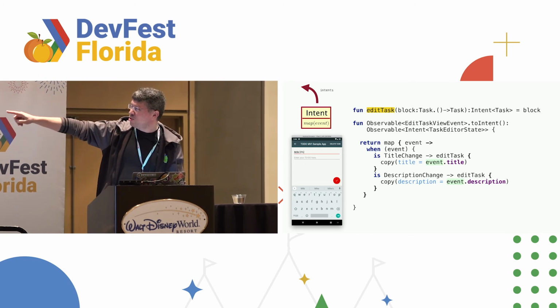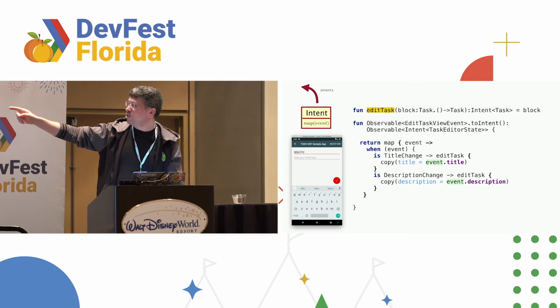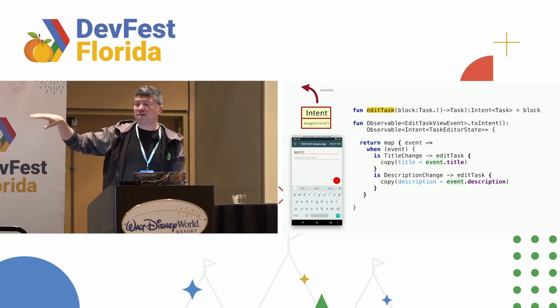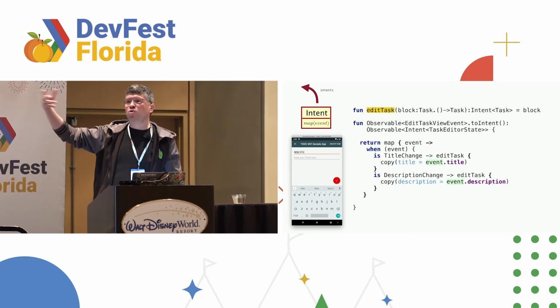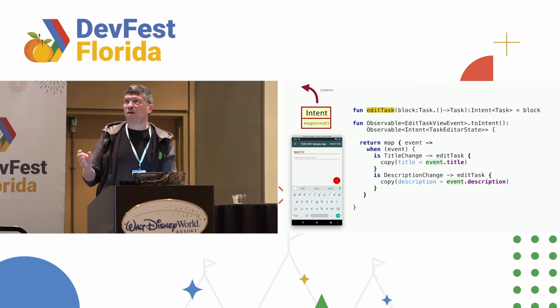What this little piece of DSL gives you is a really nice way to define a new task reducer, intent, sorry. So we can then map our title change to an edit task, and all we need to say is, okay, edit task, that intent only really copies, modifies the title, creates a new copy of our state, modifying the title, and that's it. Or changing the title is what I should be saying. All right.